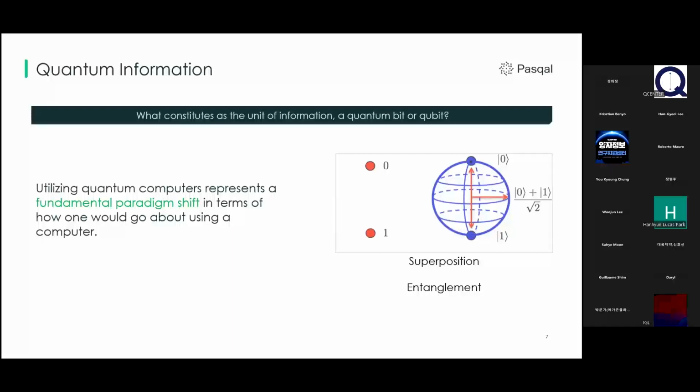However, if you were to look at this same information, so again, the surface of the Earth, from a quantum computer's eyes, from a quantum computer's perspective, suddenly the whole surface becomes a potential quantum information.